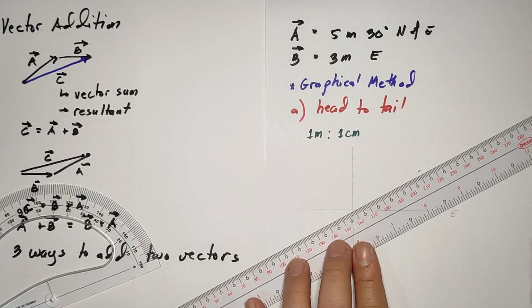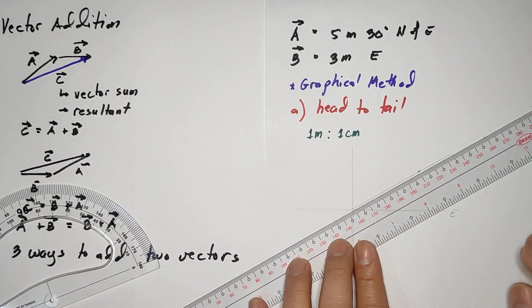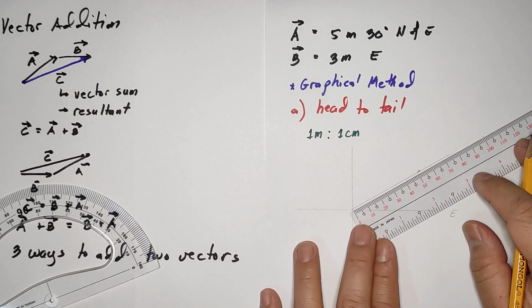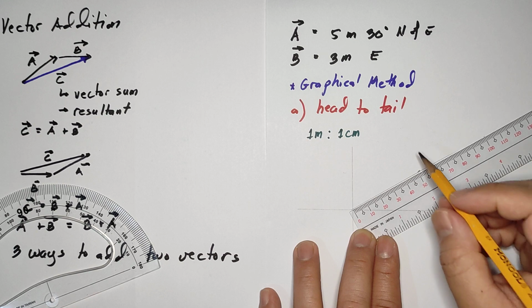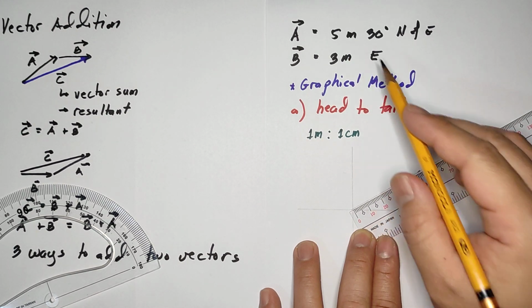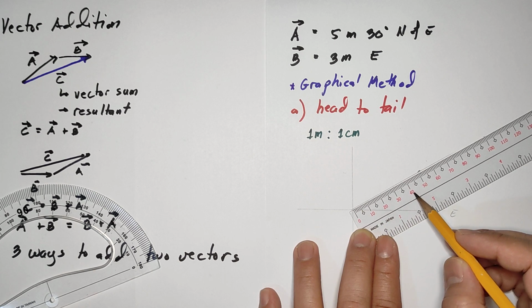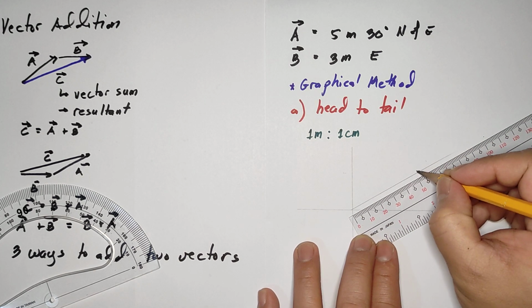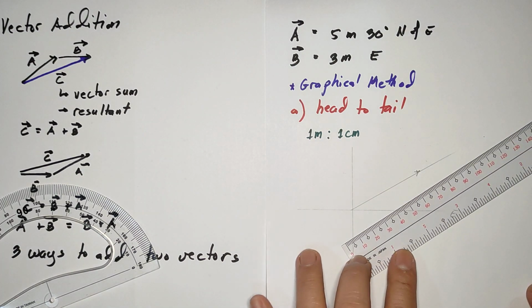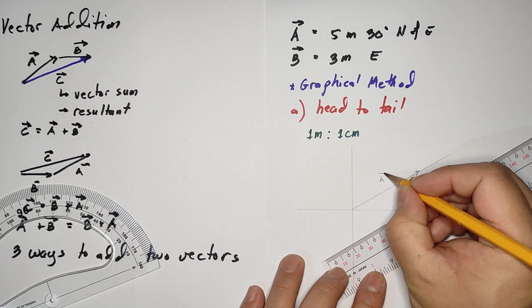Then I will measure 5 cm, because this is 5 meters, and 5 meters on the paper is equivalent to 5 cm. 1, 2, 3, 4, 5 cm. So until this one. Now, this is the vector A.